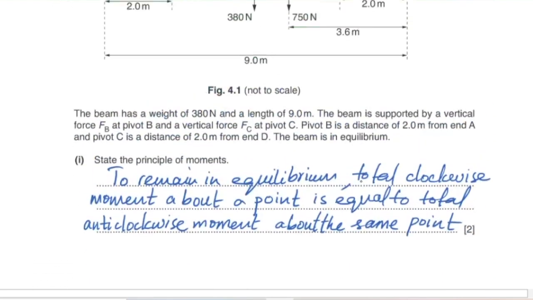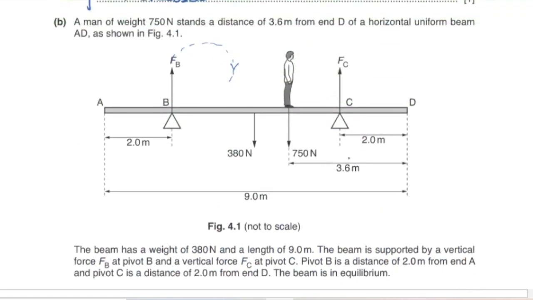And the perpendicular distance between force B and the pivot C: the distance is 9 minus 2, which is 7 meters from B to D, and then 7 minus 2 will give you 5 meters. So 5 meters is the distance between force at point B and the pivot C.